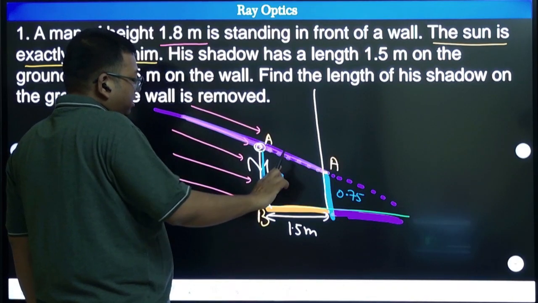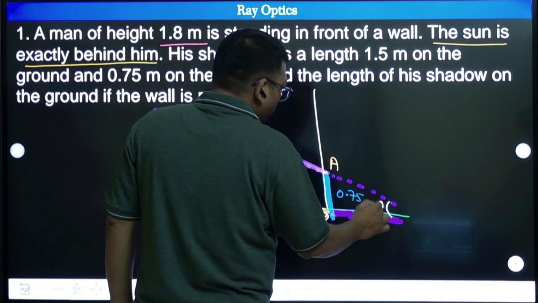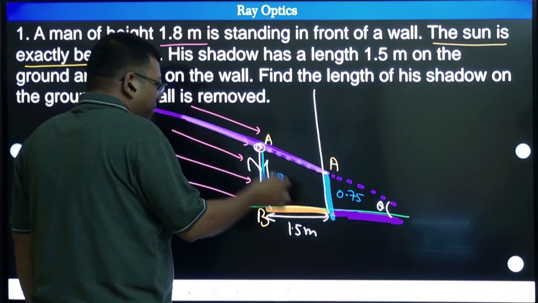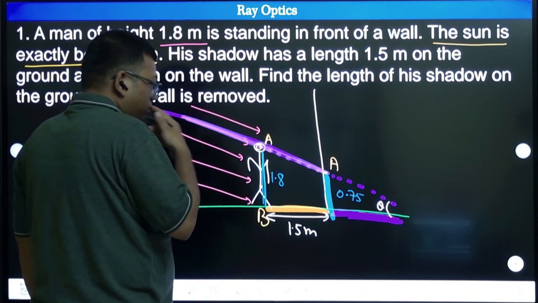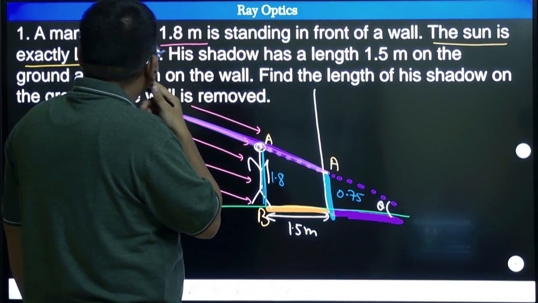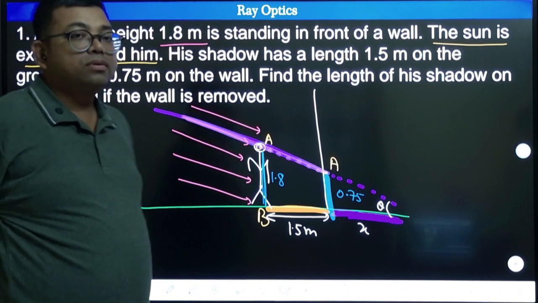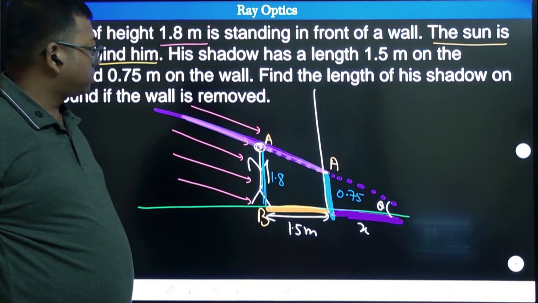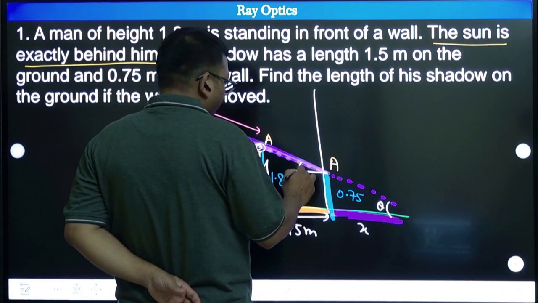As it is coming like this, you can say that this angle theta will be some constant angle, right? So this by this is equal to, we can solve that. It's not very difficult. We need to find the length. Suppose this is x. Anywhere you take, this is parallel.